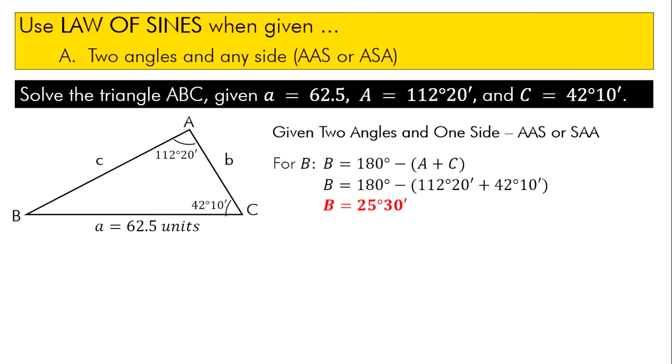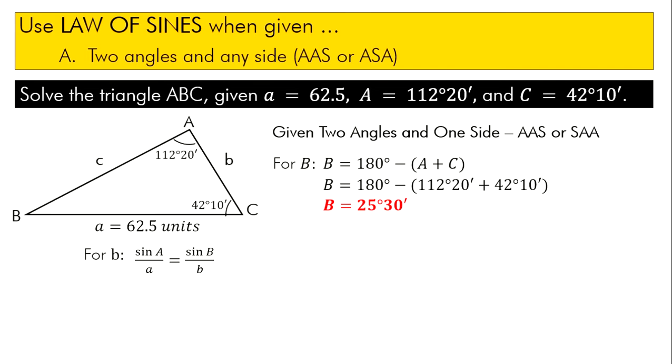For side b and side c, we need to use the law of sines. For b, let's use sine A over a is equal to sine B over b. Since we have angle A, angle B, and side a, we can identify side b.